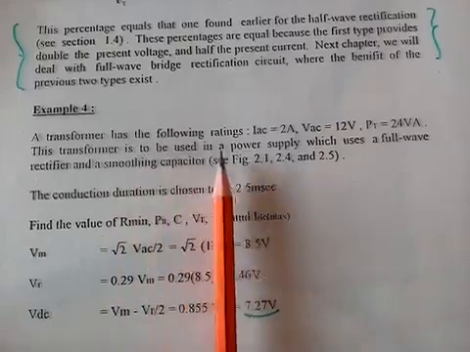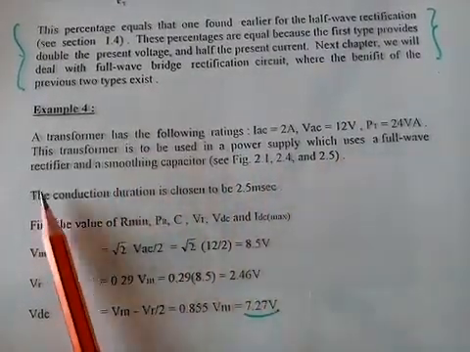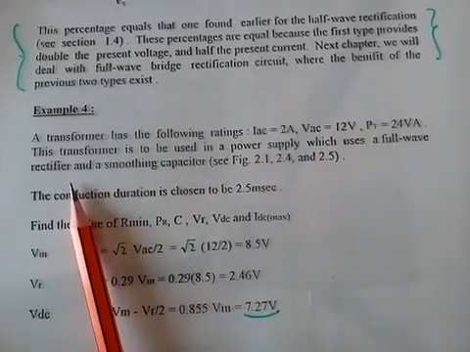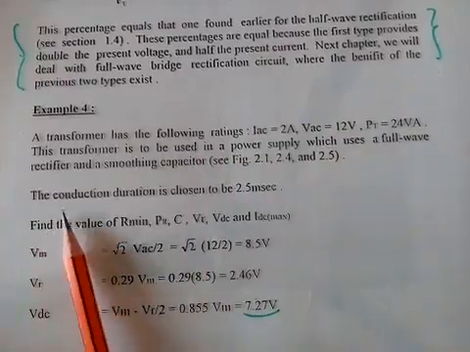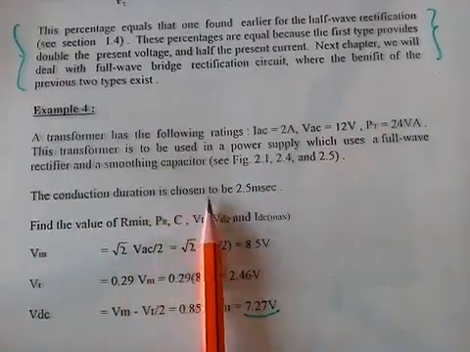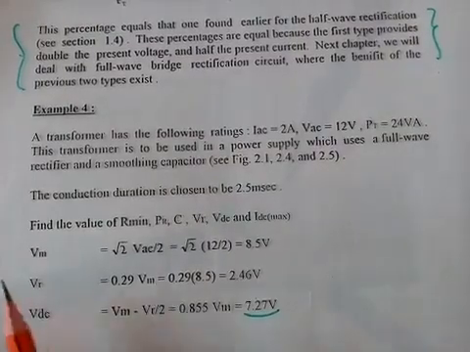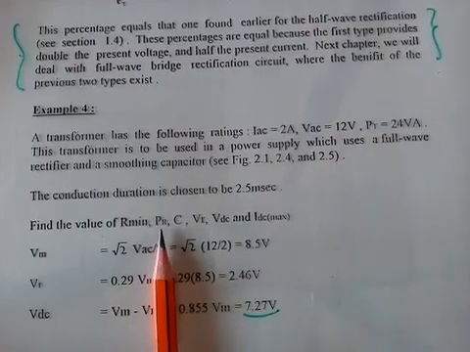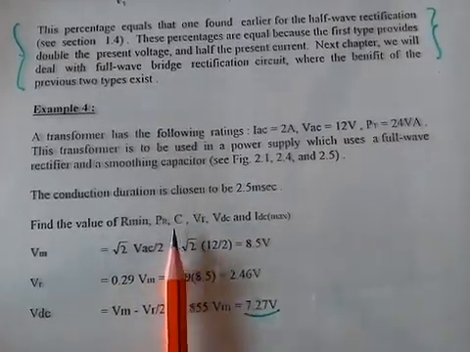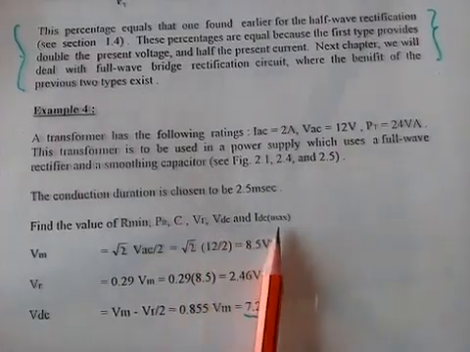This transformer is to be used in a power supply which uses a full wave rectifier, center tapped of course, and a smoothing cap. The conduction duration is chosen to be 2.5 milliseconds, as we always do. Find the value of R min, the power of the load PR, the capacitor value, the ripple voltage, and the VDC and the IDC max.